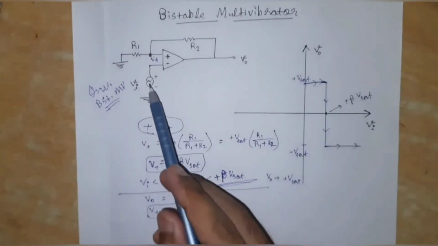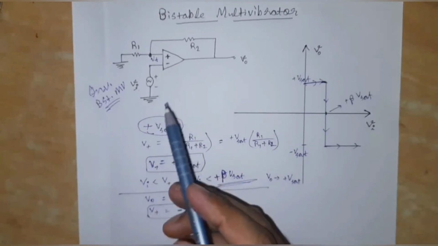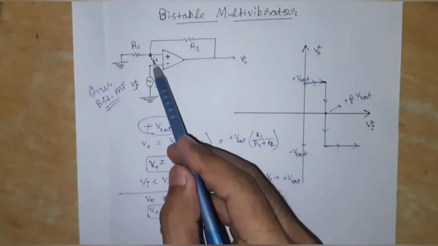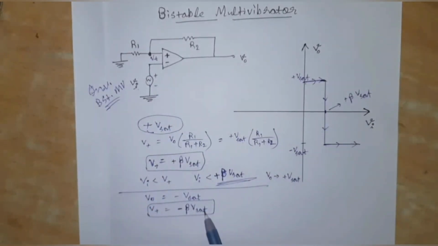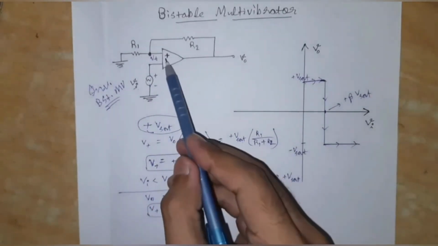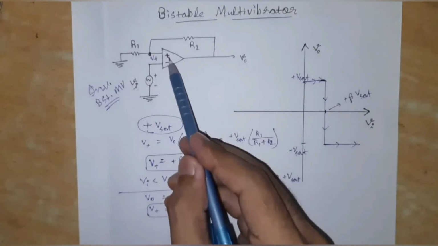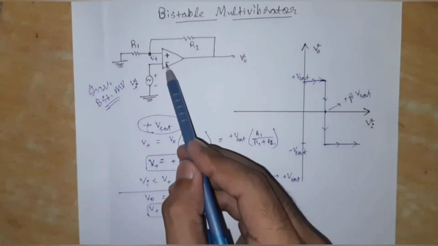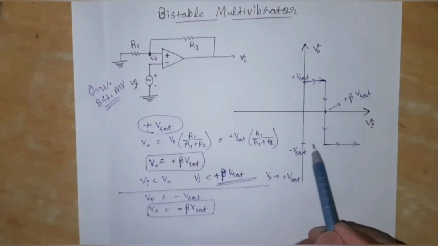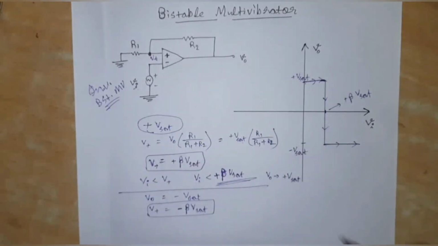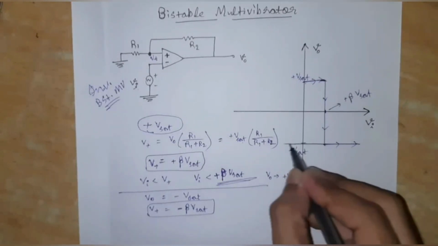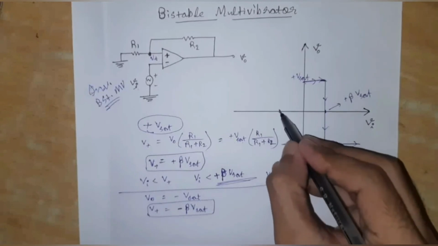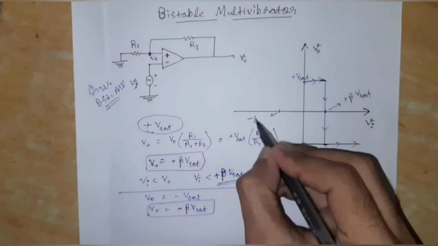Now we keep on decreasing this V input value, and when it goes lower than this value V plus, that is minus beta Vsat, then again the V plus terminal will be at a higher potential than this V minus, the inverting terminal. So it will go like this. We keep on decreasing the V input value, at a point where it is minus beta Vsat.